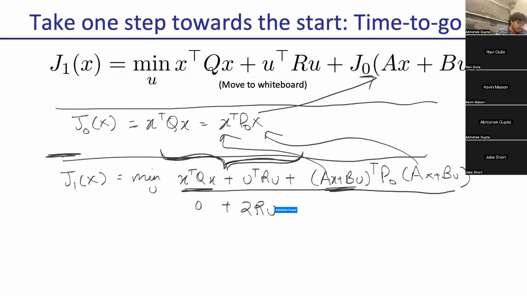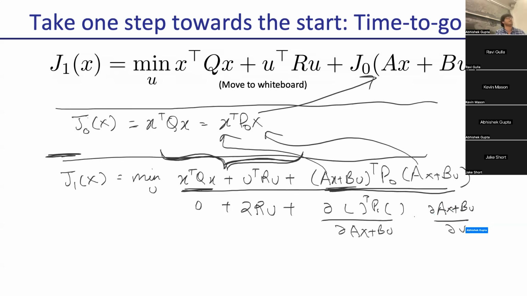And then the next term, we're just going to use the chain rule. So you can almost think of this as the derivative of this thing, by ax plus bu, times the derivative of ax plus bu with respect to u. Yes, this is the chain rule.